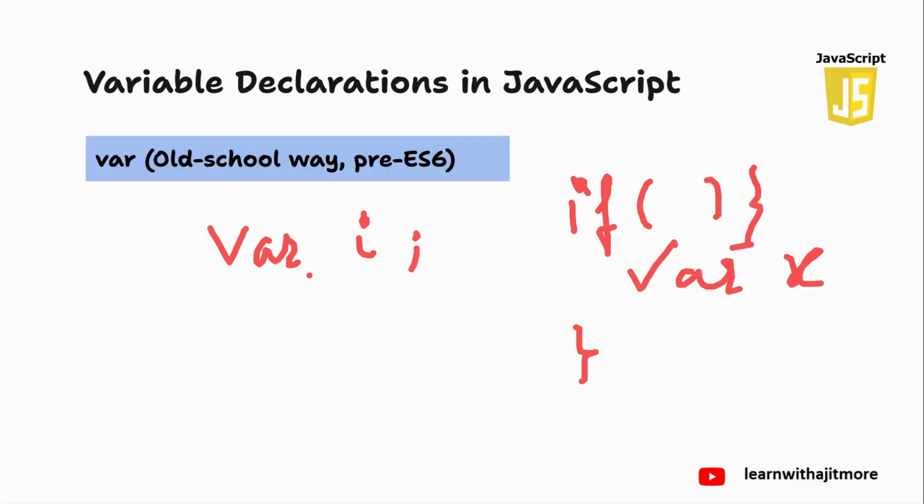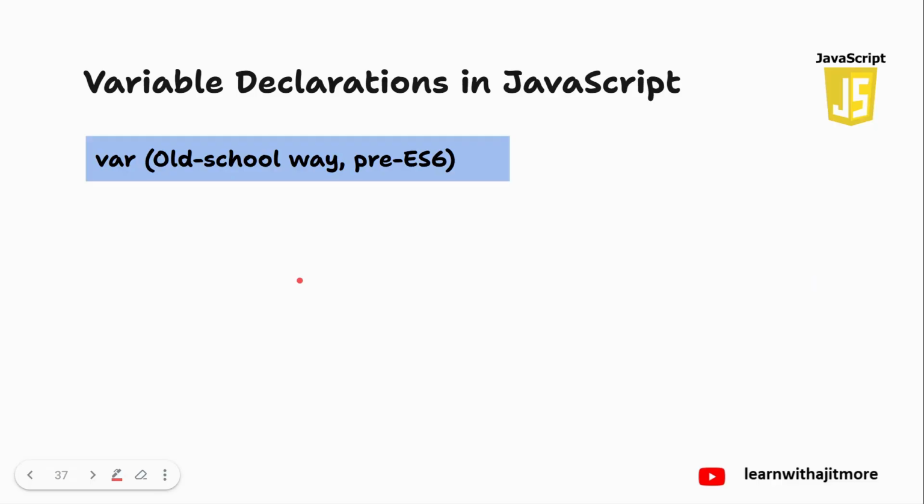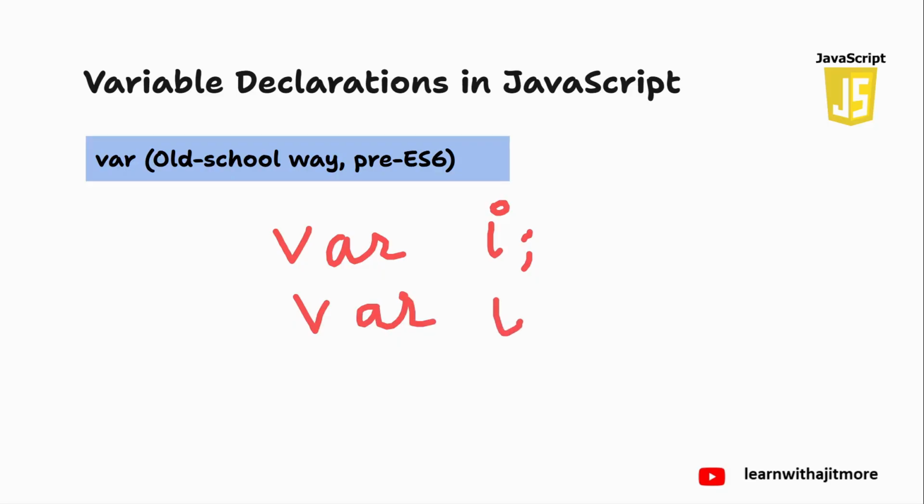The nearest scope is function level and then the script level. Okay? And using var, if you're doing redeclaration, it doesn't give any error. If after some time I'm creating the same variable and redeclaring it using var, no problem. Getting? It doesn't give any error.